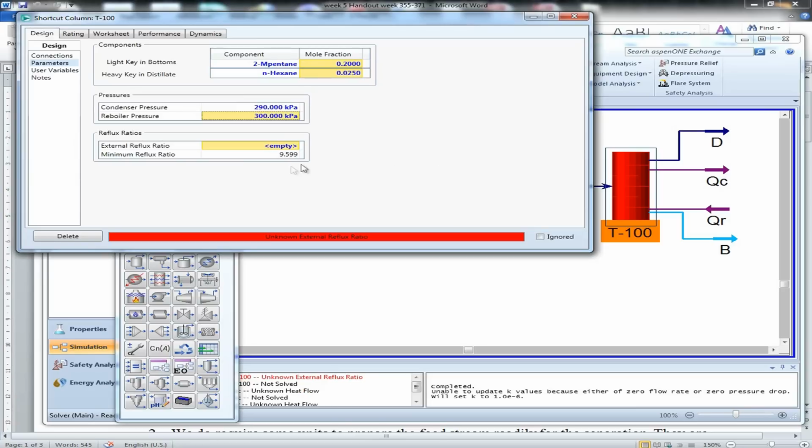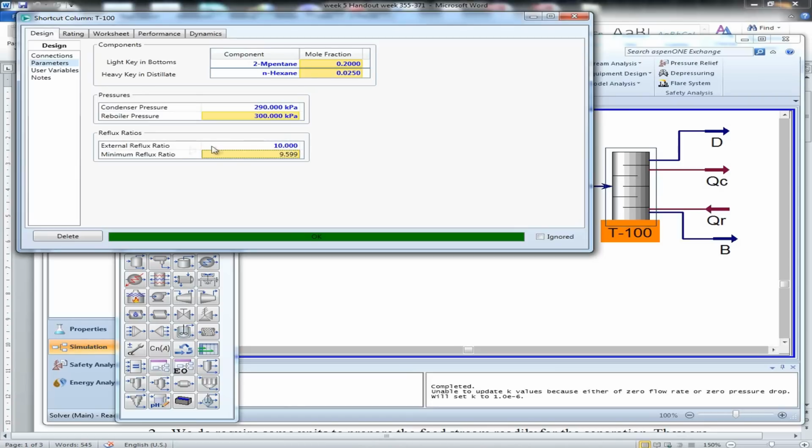The minimum reflux ratio is 9.5. The actual reflux ratio is about 1.15 to 2 times of this, so let's round it to 10.